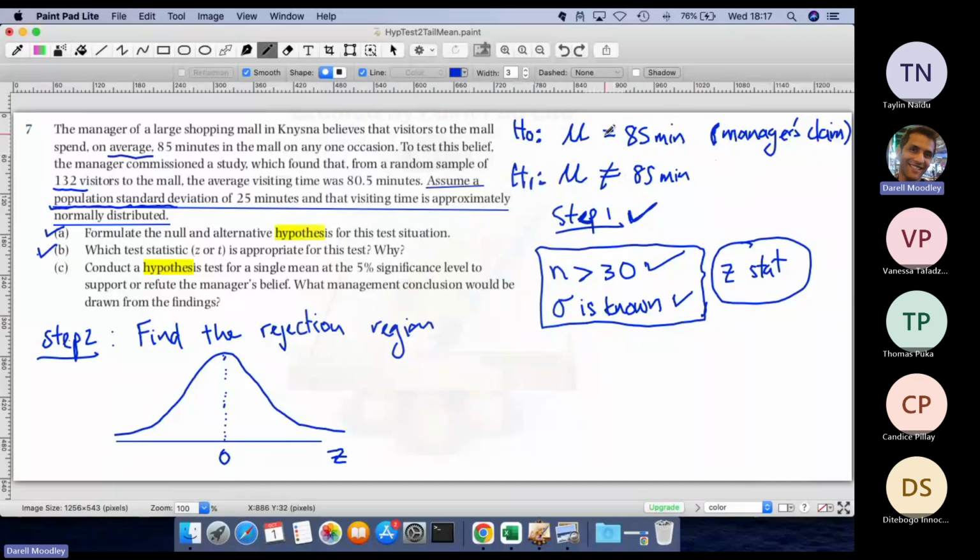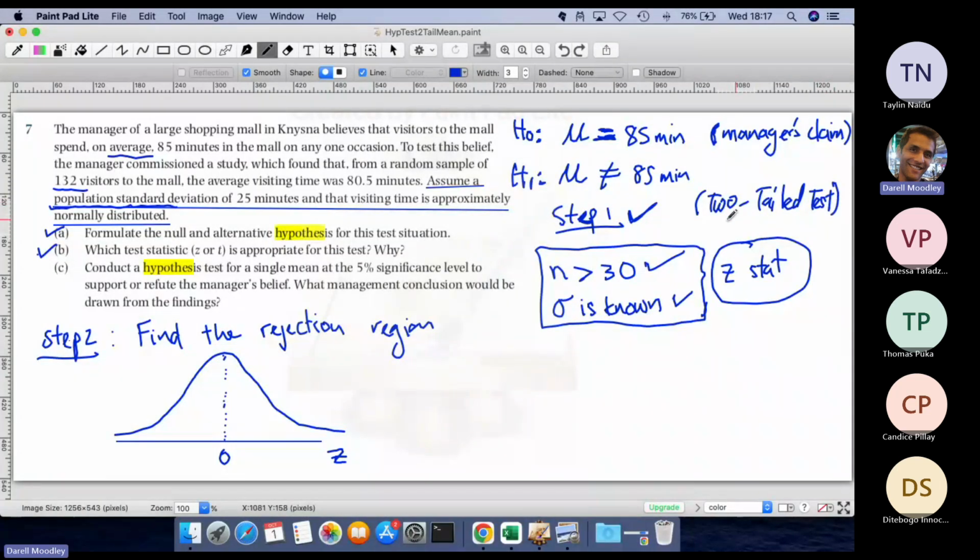If you see an equals to for H0, as soon as you see that, you should know that it is a two-tailed test. It's good practice to write this down because you do get a mark for this. So it's a two-tailed test.